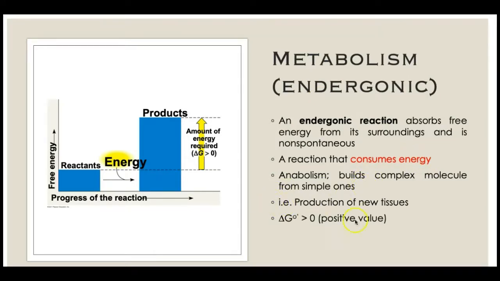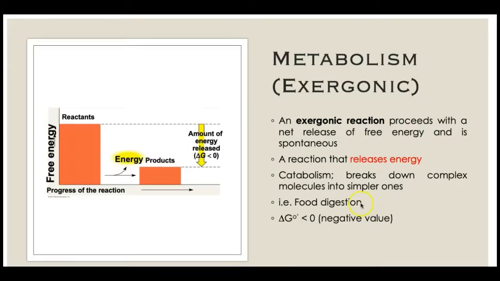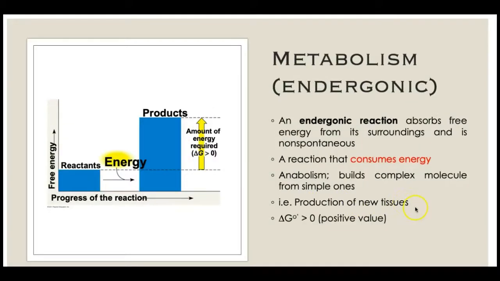So an example of endergonic metabolism is the production of new tissue. So we need the bricks to build a house. The bricks are from food digestion, and the bricks will then be built into the house, or you can say here, a new tissue.